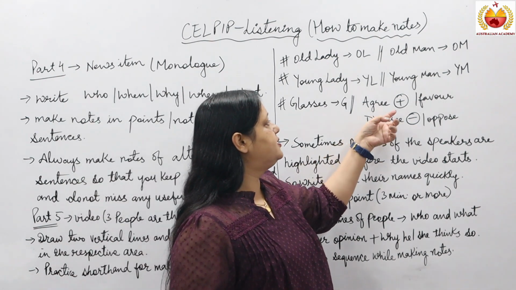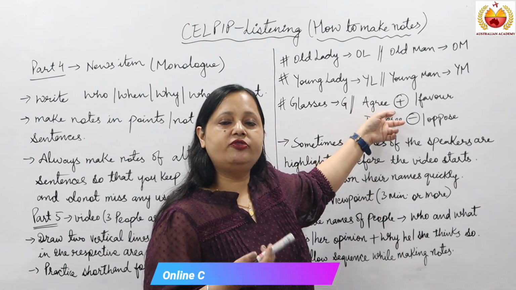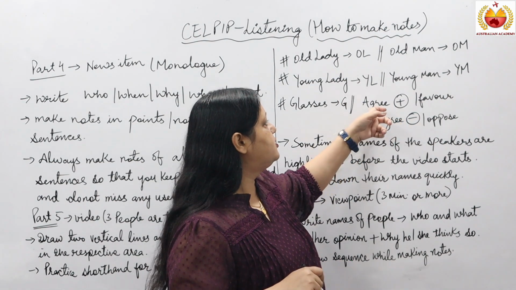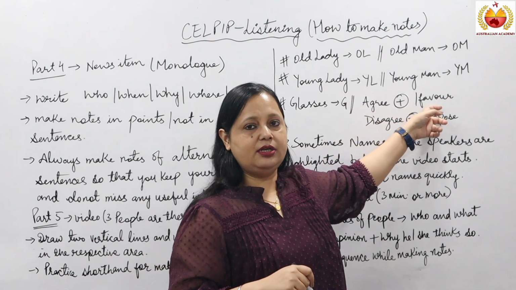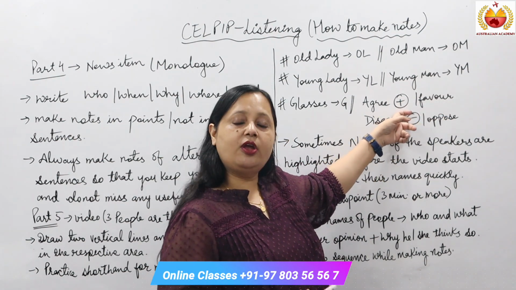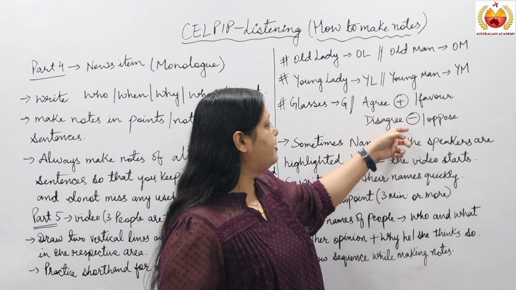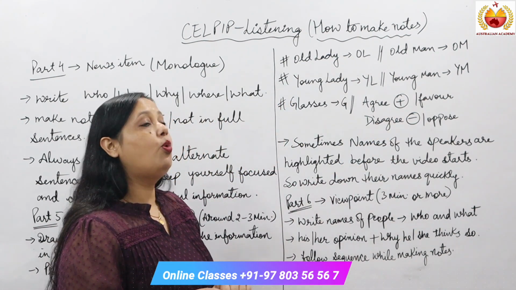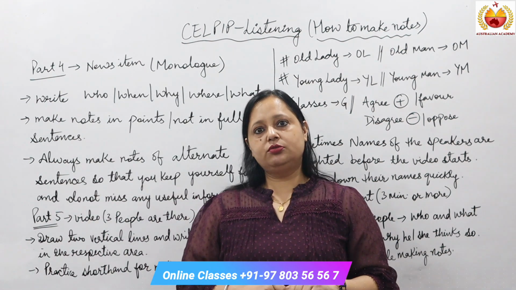If the person is in favor of something in the conversation or discussion, don't write agree or favor, which is again longer. Just write plus for agree or favor, and minus for disagree or oppose. These things will help you note it down quickly.